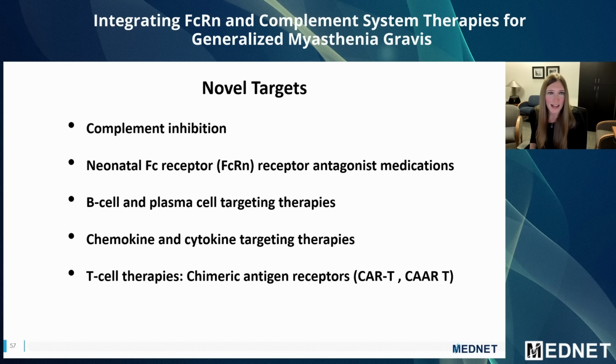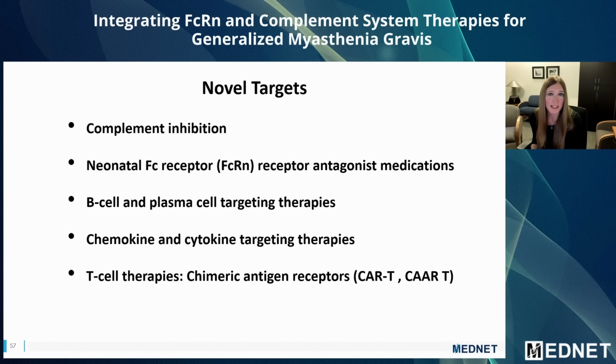So with that context, we'll jump into the novel targets because there are so many to cover. I'll look at the highlights of the trials and try to point out some things to keep an eye out for: route of administration of these medications, which plays a role in choice, and also target, and considering interactions between some of them, since some medications also go through the FcRn, or Fc receptor, like ravulizumab, in addition to the FcRn antagonists that are available.